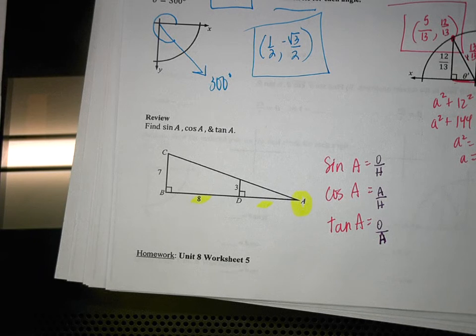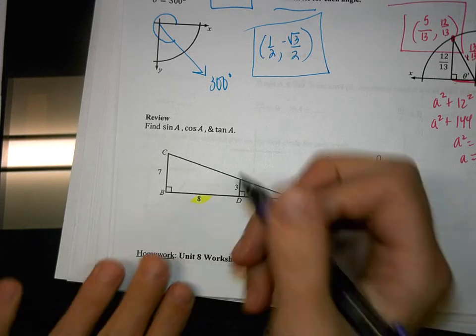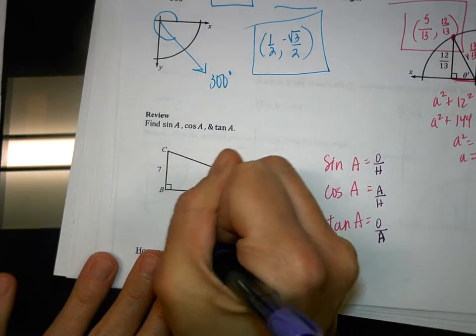Anybody have any ideas? 3 over 7 and x over 8. Yeah, we could do that. Cross multiply. Okay, so 3 over 7, setting up proportions.